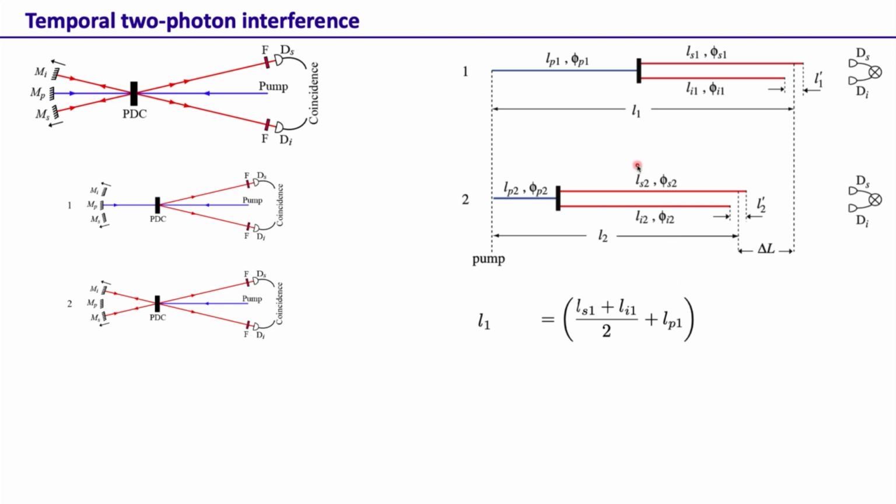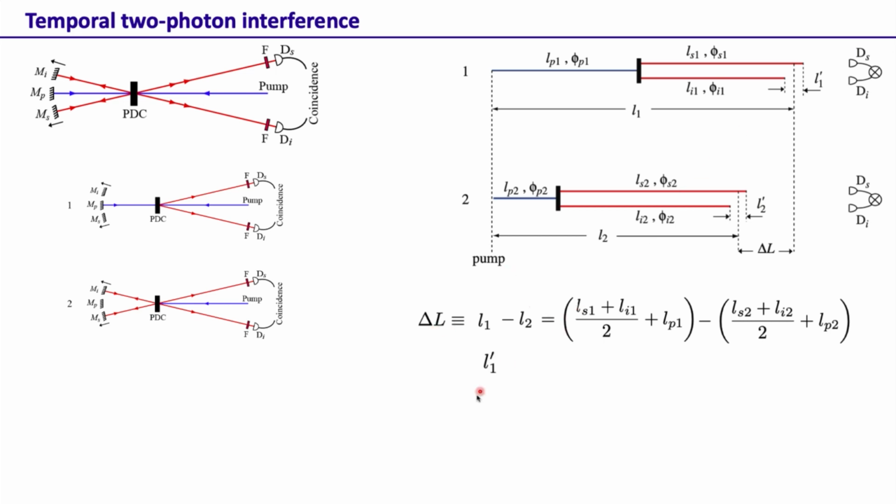So this is the length traveled by the pump photon plus the average length traveled by the signal and idler photon. Similarly, let's define L2, which is the length traveled by the pump plus the average length traveled by the signal and idler photon in alternative 2. And their difference we'll call delta L. This is also called the two photon path length difference.